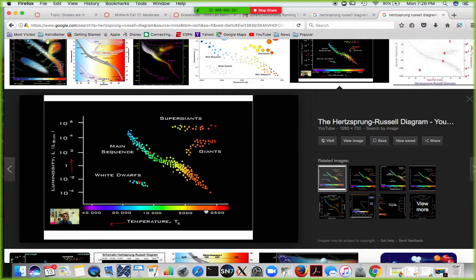So you build an HR diagram by observing stars, first of all, and then you determine how much energy the star sends out to space. And for that, we use techniques like those we studied previously, photometry and/or spectroscopy.